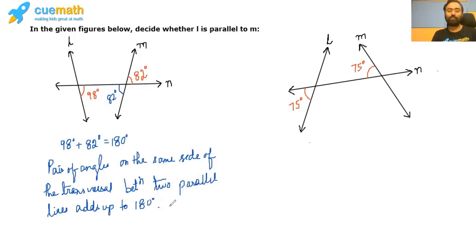Now, since we got this result that the sum of these two angles is equal to 180 degrees, it means that indeed we can conclude from here that L is parallel to M.